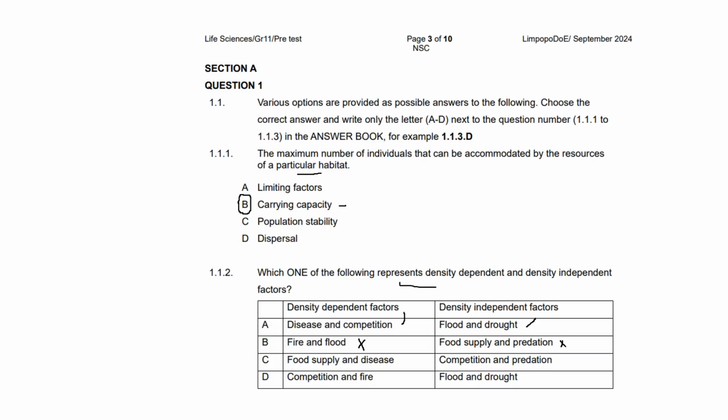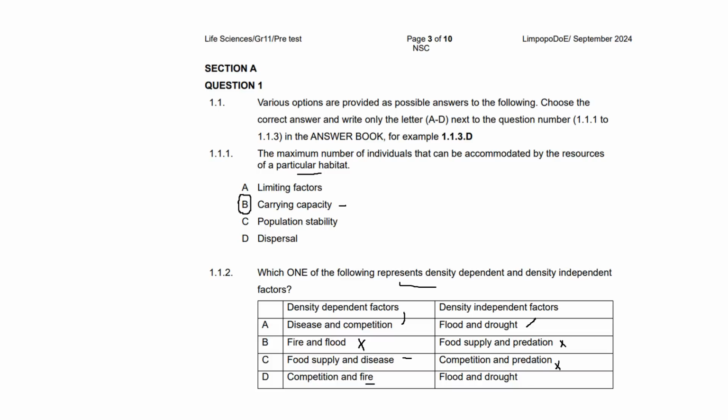And then food supply and disease: food supply falls under independent, and competition falls under dependent, so again this option will be out. Then we've got competition and fire.